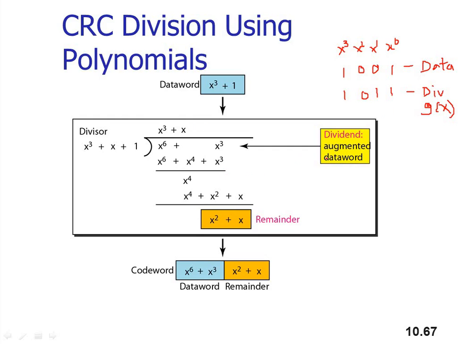The only thing is that I have to get an augmented data word. So what is the maximum power over here? It is 3. So simply you multiply by this power to the data word, right? So what happens if I multiply x cube plus 1 with the highest power of this divisor, that is x cube?